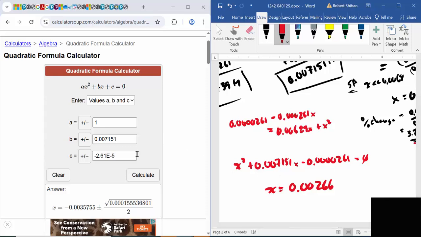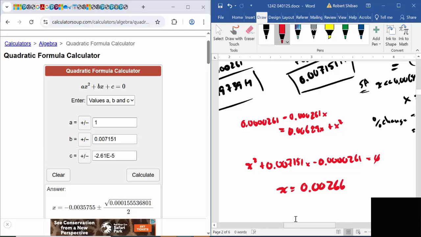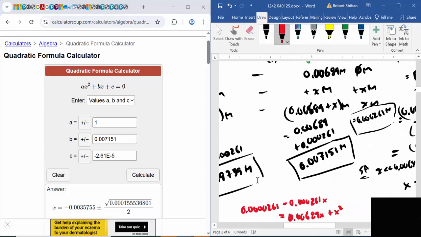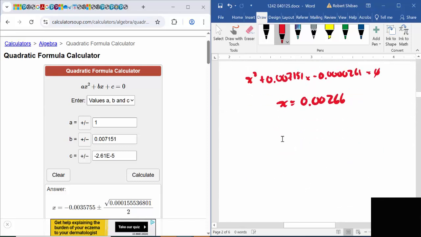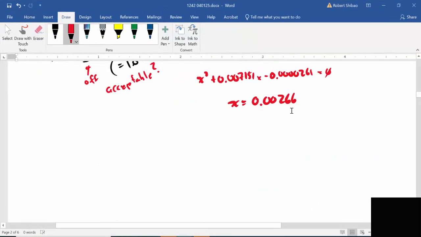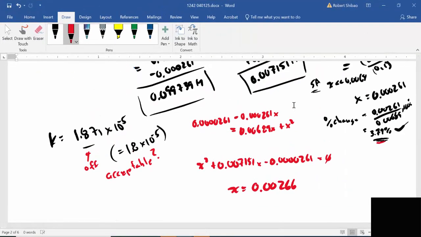Well, it looks like I inputted this correctly, so I might have made a math mistake. I must have made a mistake somewhere, because take a look at the difference here. I have 0.00266 and I have 0.000261, so I can't be that far off. It can't be that different using the simplifying assumption. But maybe it is.